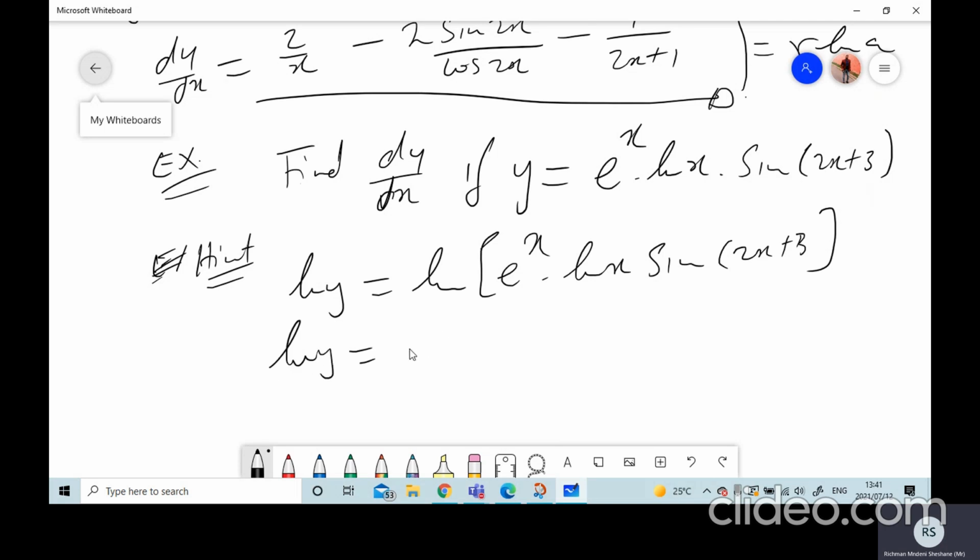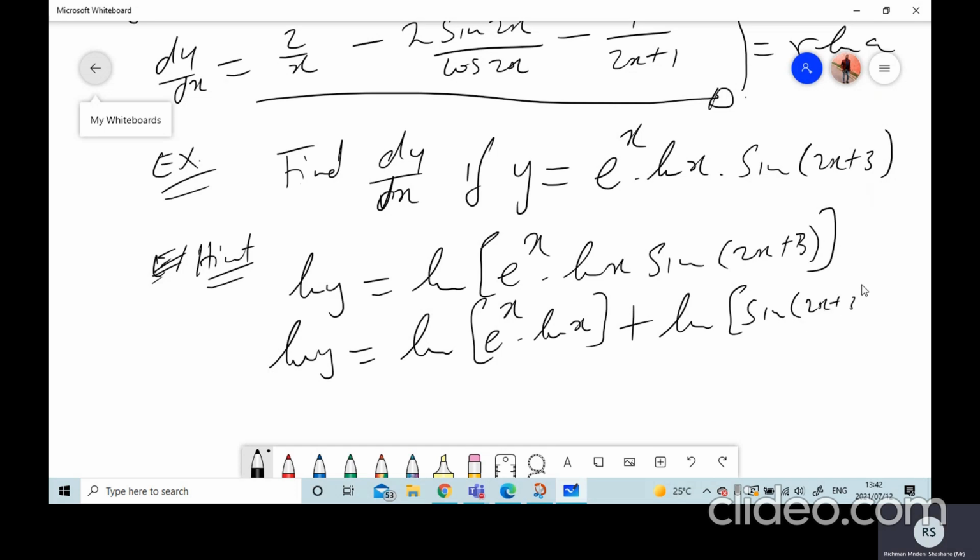So ln of y equal to ln, I can first treat the first two functions as a and the second function as b. So this is a multiplied by b. Ln of a times b is same as ln of a, I set my a, this first two functions, plus ln of b, sine of 2x plus 3. Because anyway, those two functions multiply with this, so I can treat this as a and b and apply the log property.